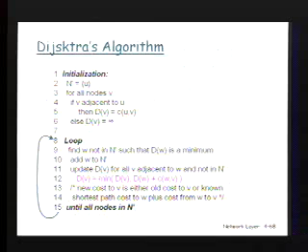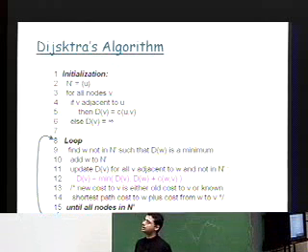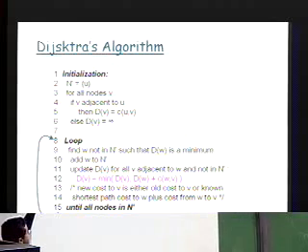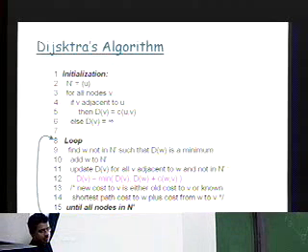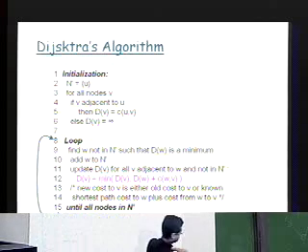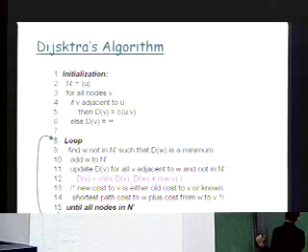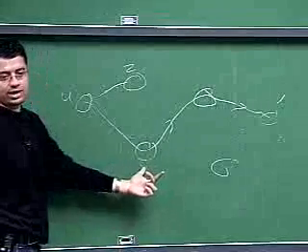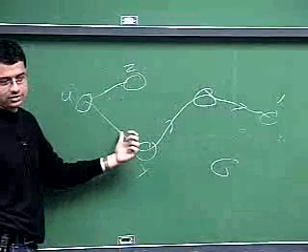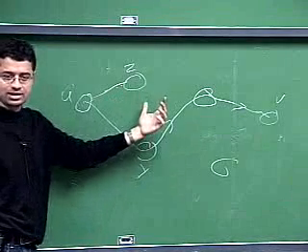The algorithm is very simple. So the algorithm is running at node U. You initialize N prime to simply the node itself, and then you look at all nodes V which are neighbors of U. So if this is U, you're going to look at these two nodes, Z and Y, which are neighbors of U in the entire network.